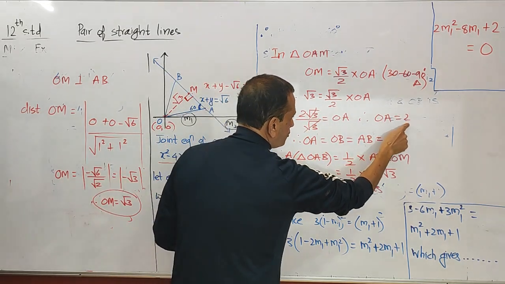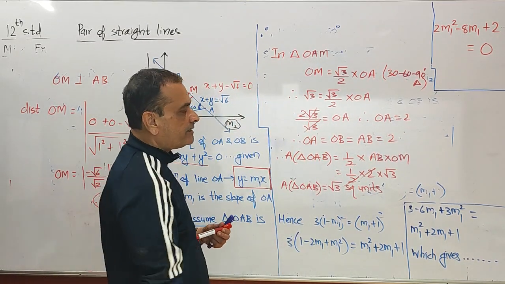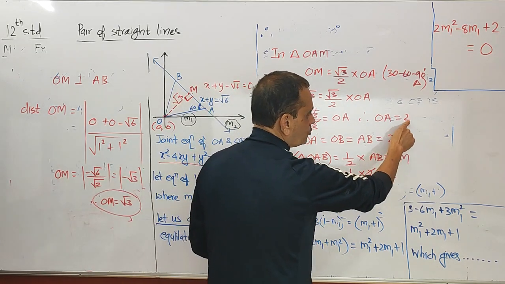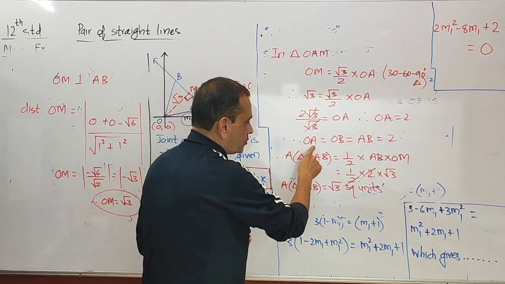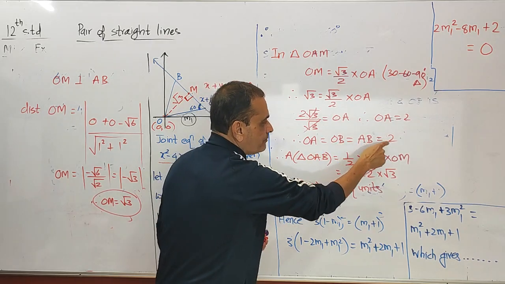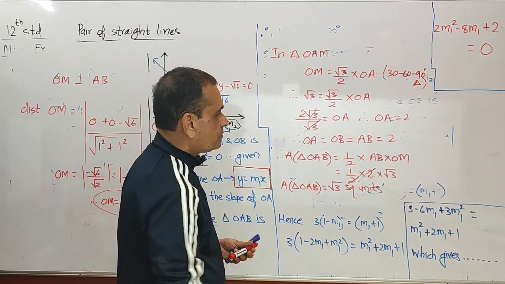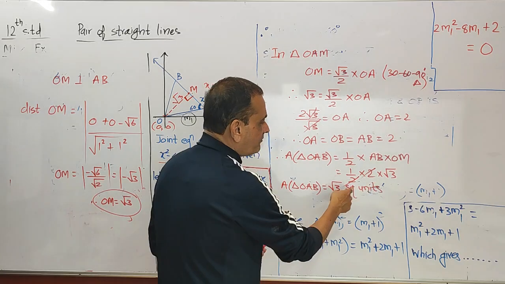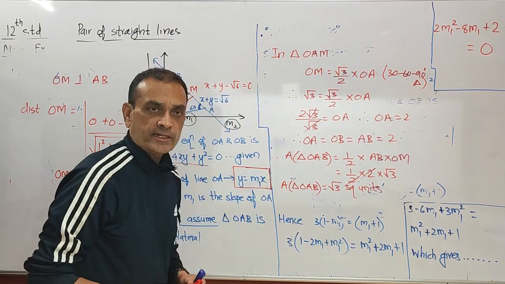So OA equal to 2. By mistake I had written 3 over there, but OA equal to 2. I have corrected. So OA equal to OB equal to AB equal to 2. So because AB is 2, I get area of triangle OAB as √3 square units.